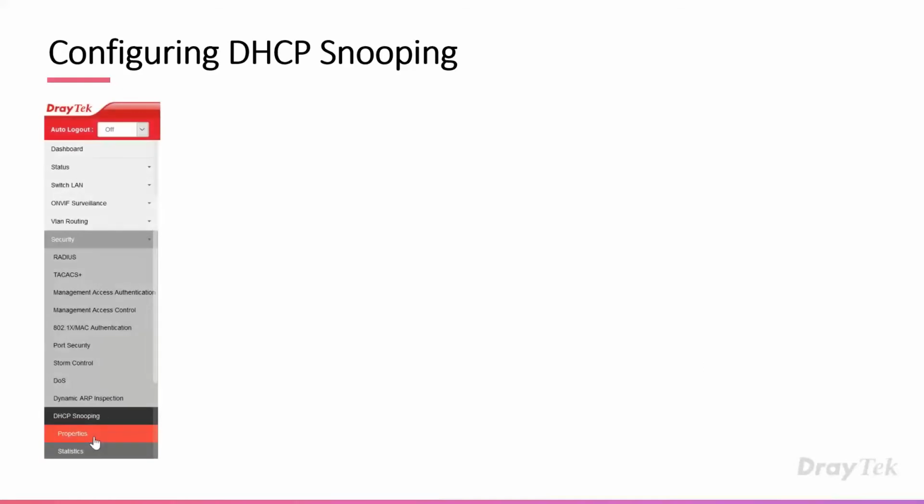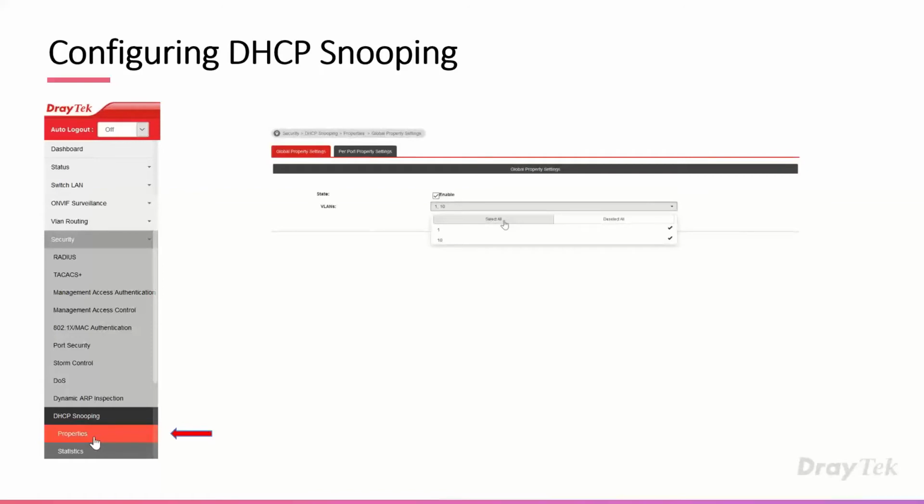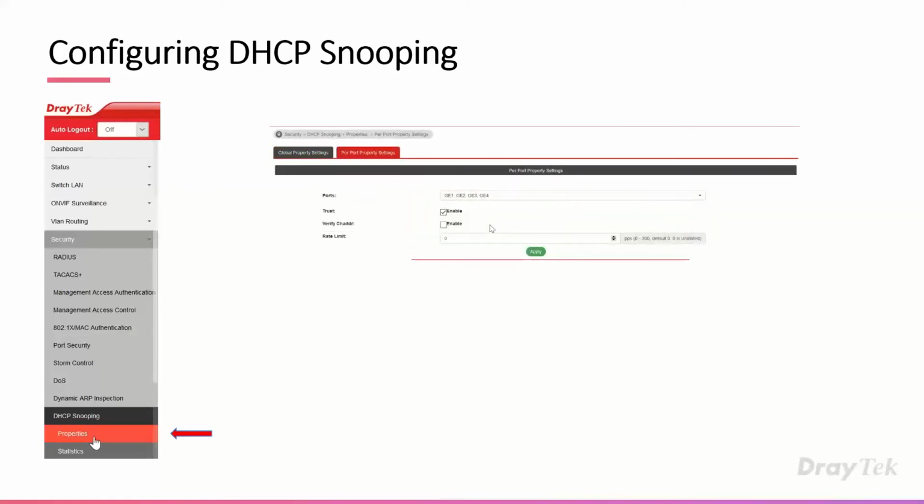Let's quickly have a look at how we enable DHCP snooping on DrayTek switches. We go to security, DHCP snooping, properties. We again select the VLANs that we want to apply the DHCP snooping on under the global property settings, and then move to per port property settings.